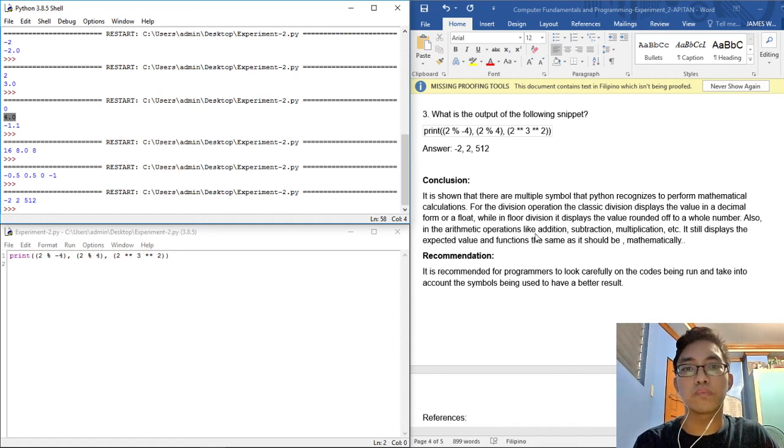Also, in the arithmetic operations like addition, subtraction, multiplication, and so forth, it still displays the expected value and the functions are the same as they should be mathematically. For the recommendation, it is recommended for programmers to look carefully at the codes being run and take into account the symbols being used to have a better result.